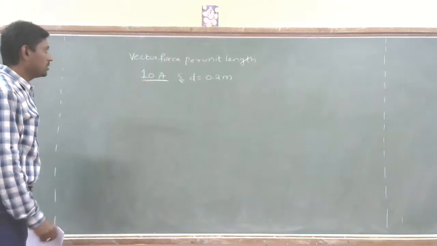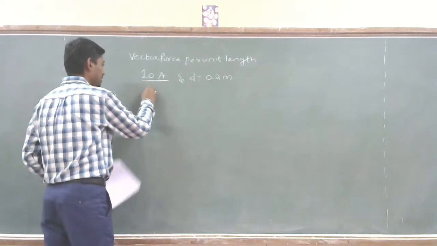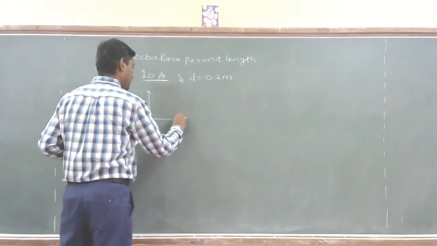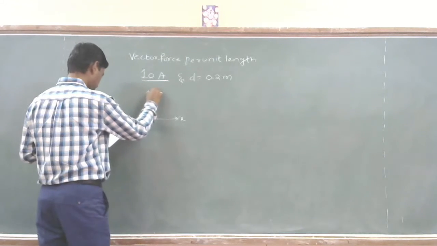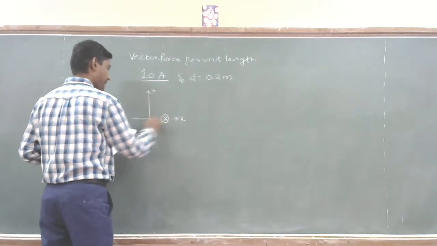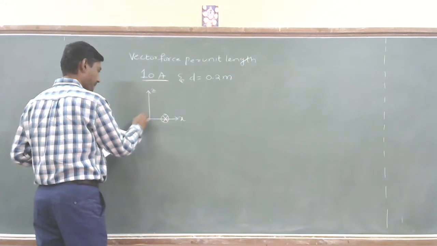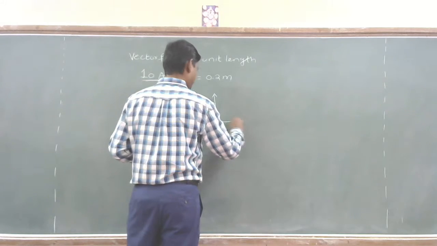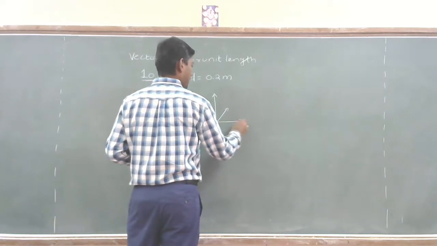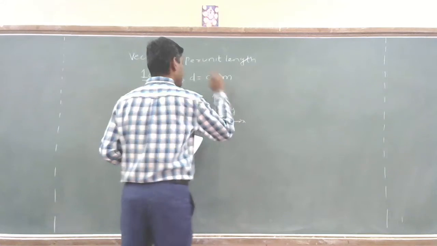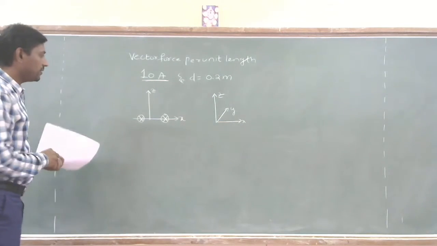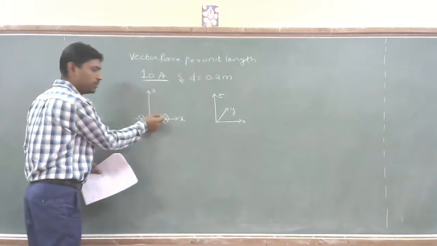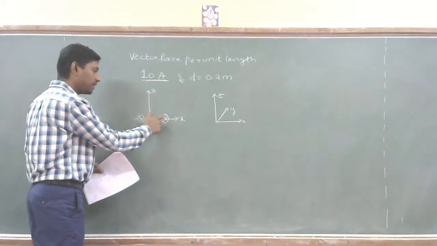I'll try to show the figure something like this. This is my axis: X, Y, and Z. I have considered my conductor going into the board, parallel to the y-axis.